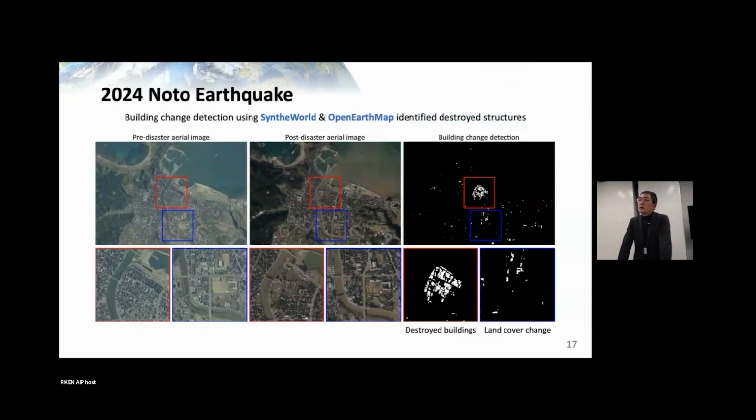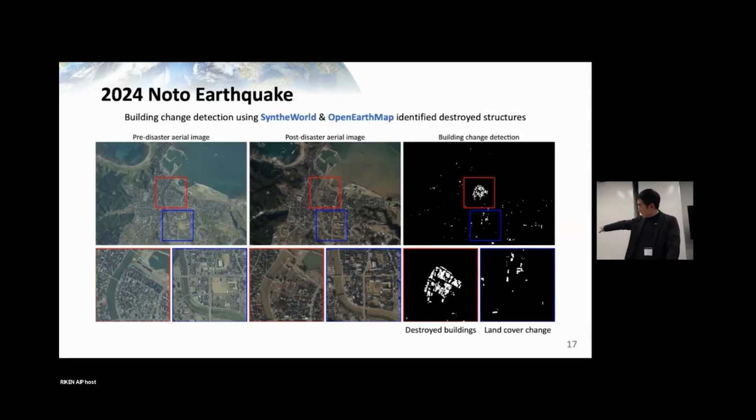And in Japan, this year, January 1st, there was a big earthquake in Noto. And here is an example of the building change detection result, from left to right, pre and post disaster aerial images. And the right-hand side is the building change detection result obtained by the model trained on this synthetic data as well as OpenEarthMap that I presented.